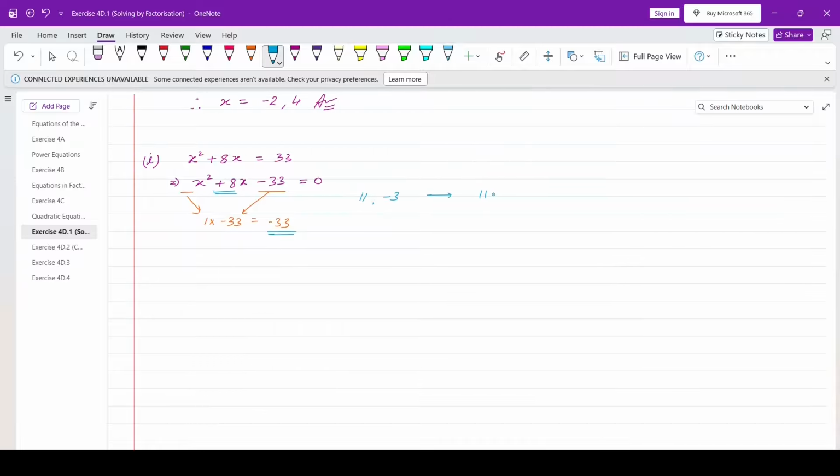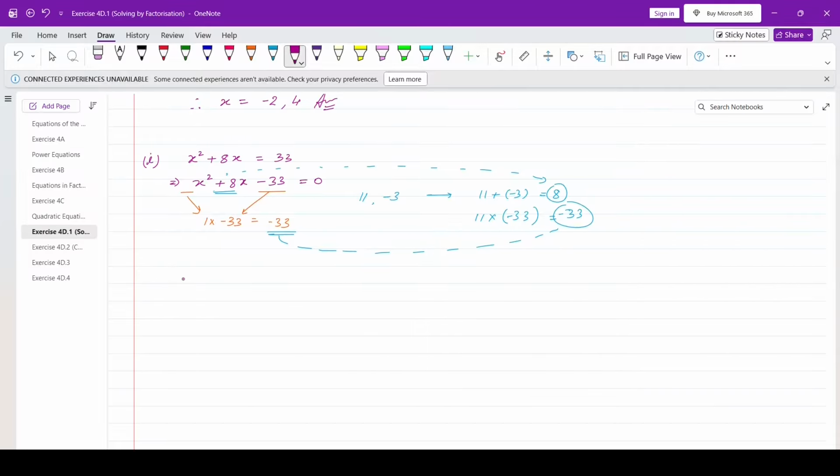So if we add these two numbers, we get 8, that is equal to this number. And if we multiply these two numbers, we get negative 33, that is equal to this number.